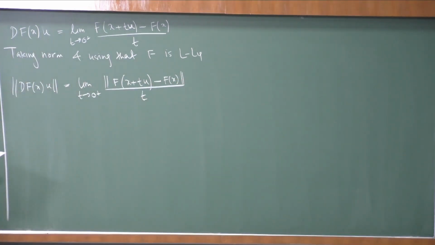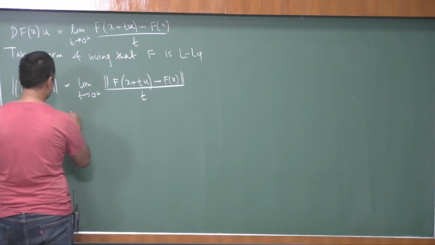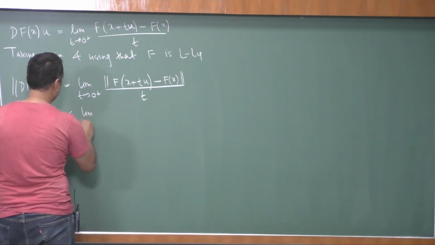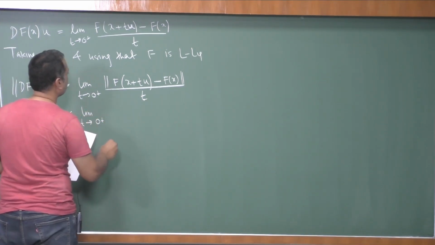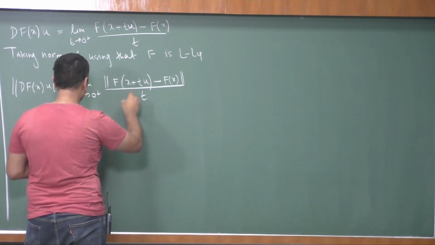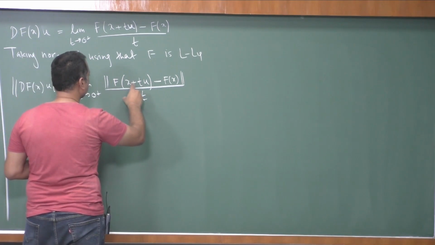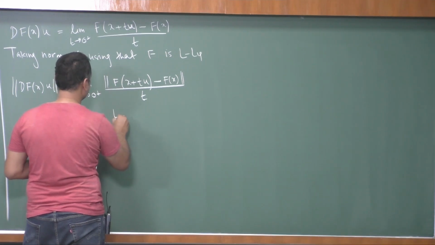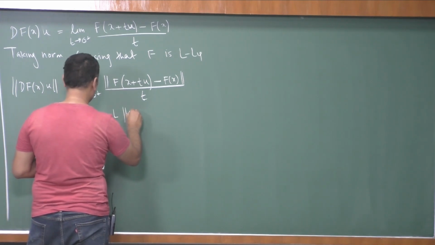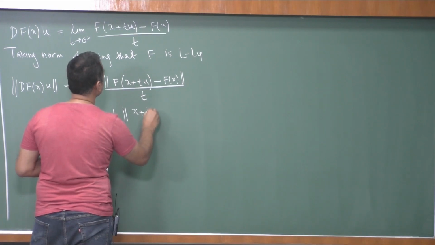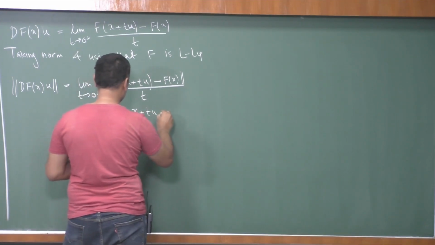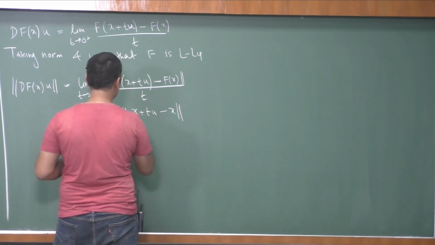The norm goes inside, and now we use the Lipschitz property that the norm of f x minus f y is less than or equal to L times the difference. So this is less than or equal to the limit t tends to 0 plus of L times x plus tu minus x, by t.